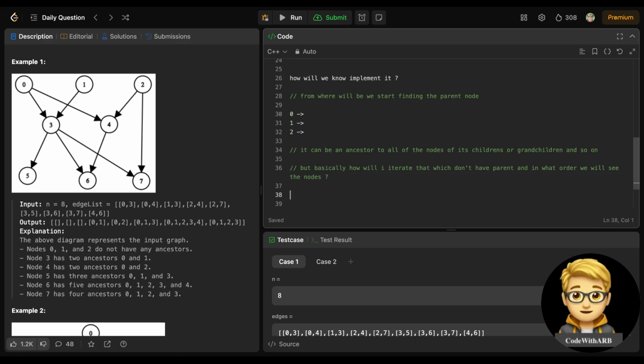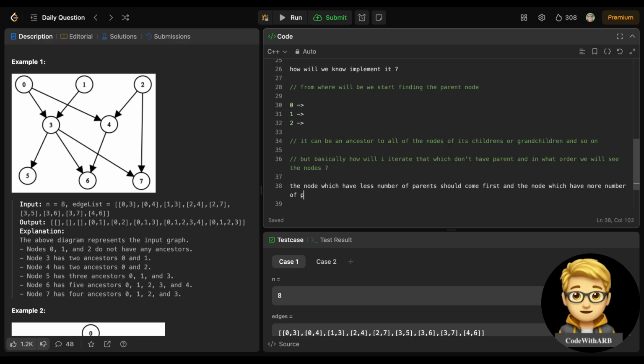Why am I saying that? The nodes which have fewer parents should come first, and the nodes which have more parents should come later, because I need to include all the ancestors.